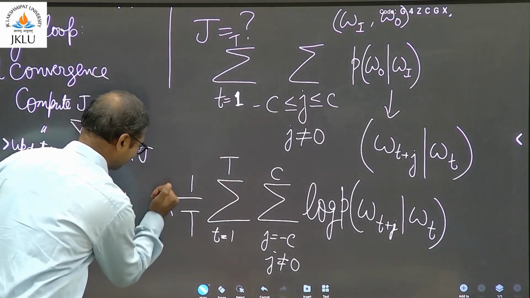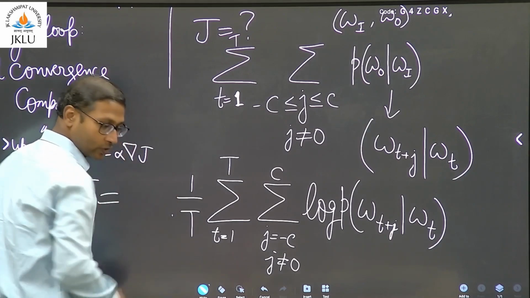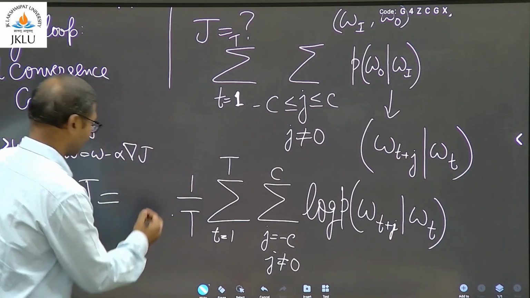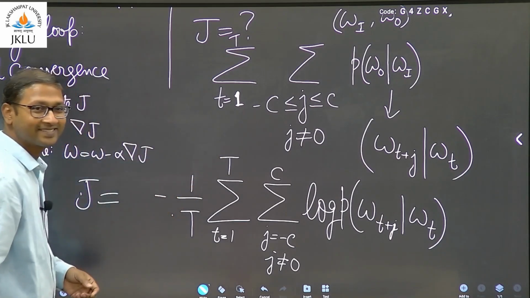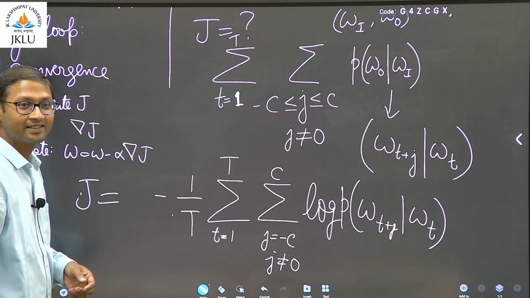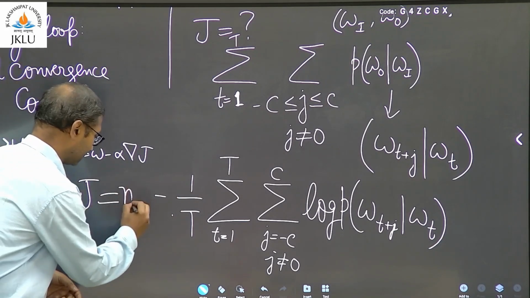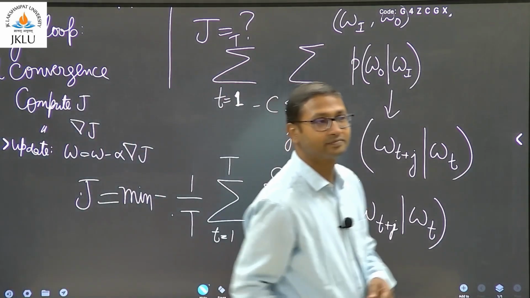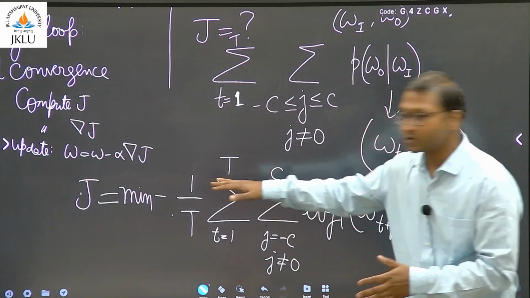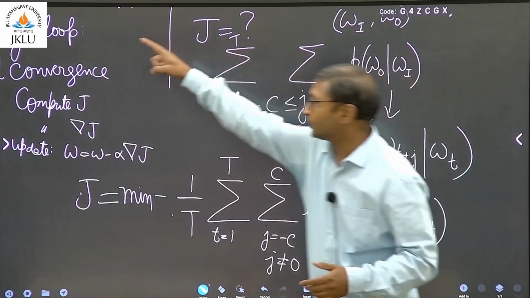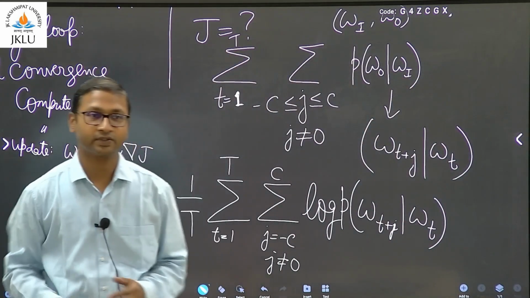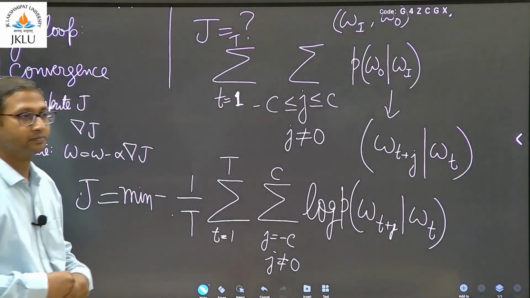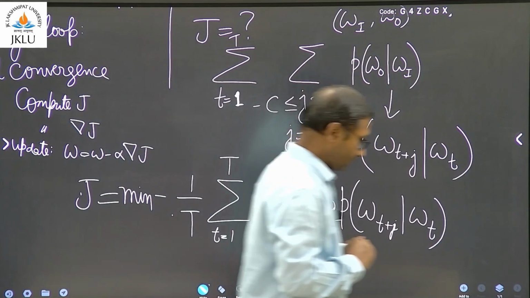So minus of this whole thing, and then so this is the cost function that you can directly put there and keep on doing the rest of the things. Any questions here?